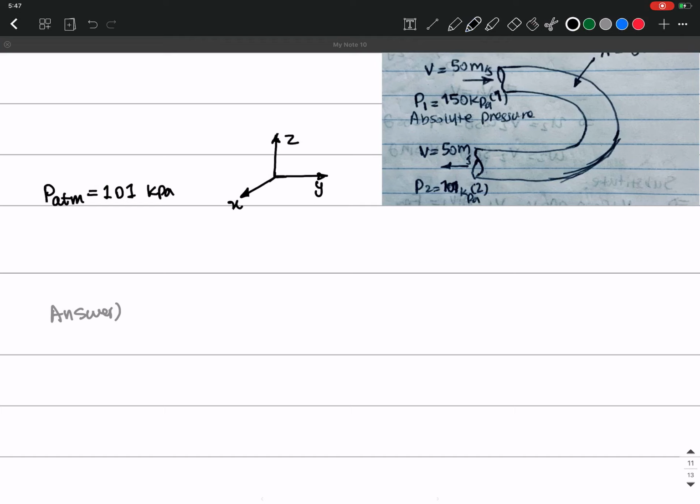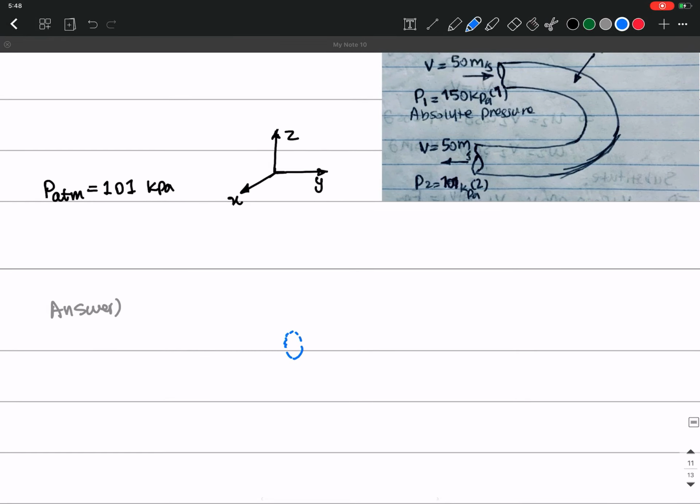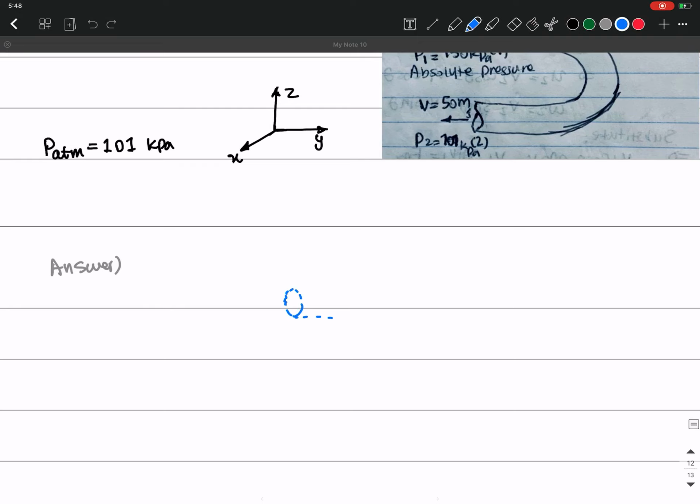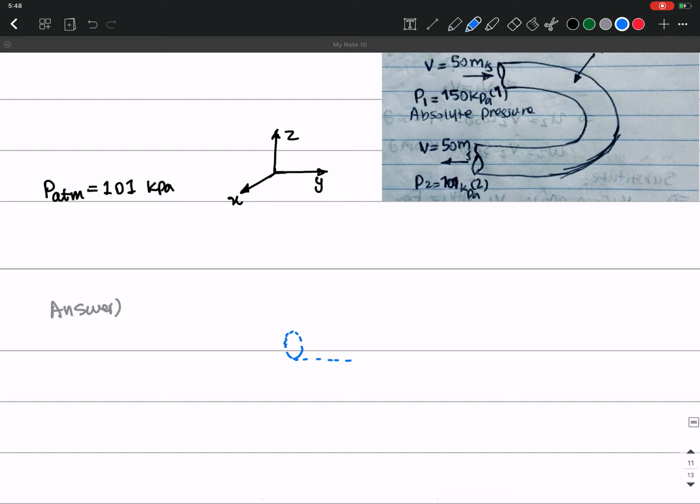So we have this bend. And then I want to draw the forces acting on the control volume of this kind of bend.